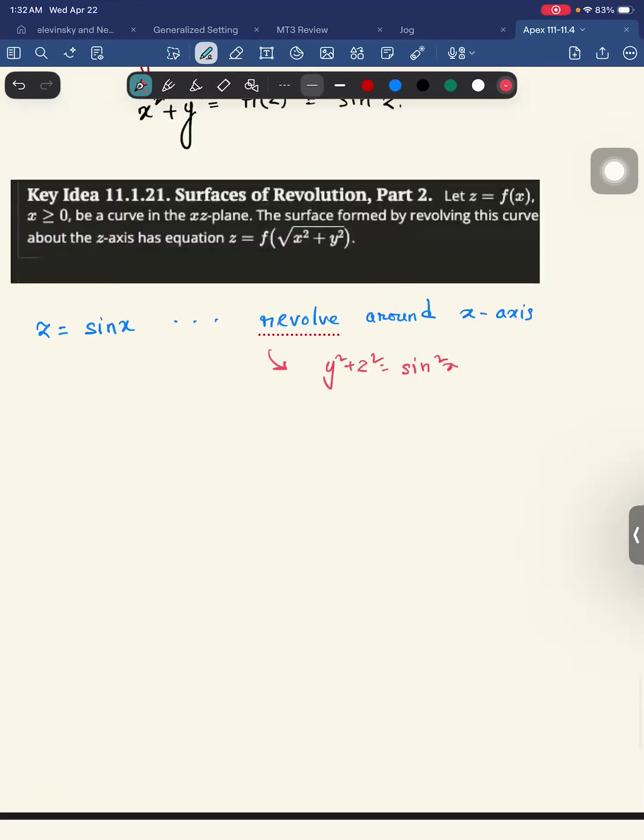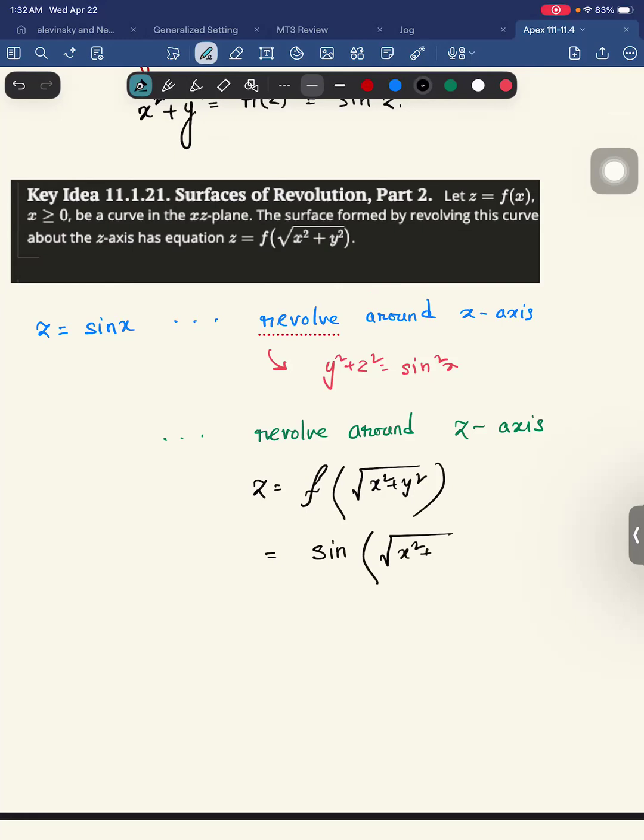But instead, if we revolve around the z-axis, remember the function is in x but we are revolving around the z-axis, then the equation is z equals f of square root of x squared plus y squared. Here f is sine x, so z equals sine of square root of x squared plus y squared. That's it. Okay.